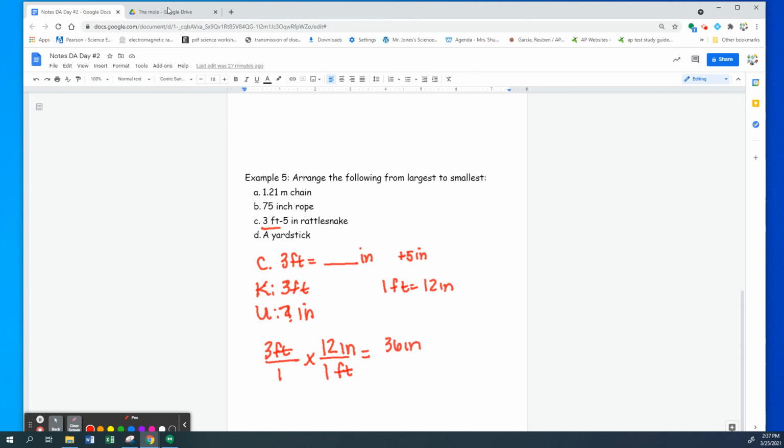And don't forget to add those 5 back in, because it's 3 feet 5 inches. So 36 and 5, 41 inches. Let's not forget this was 47.64 inches.